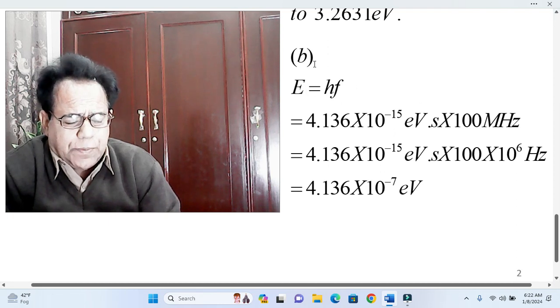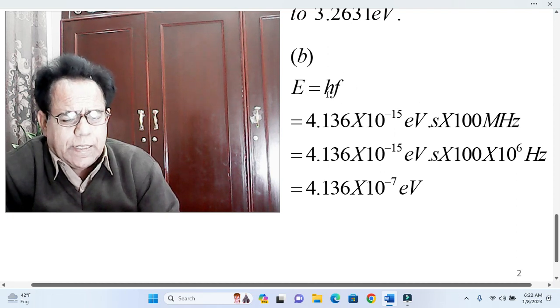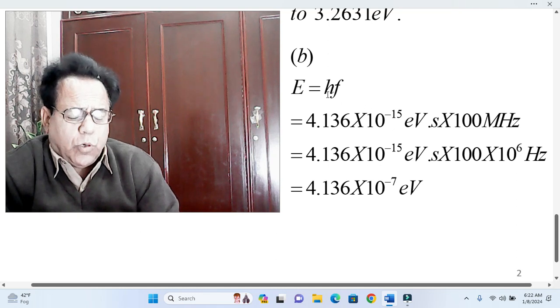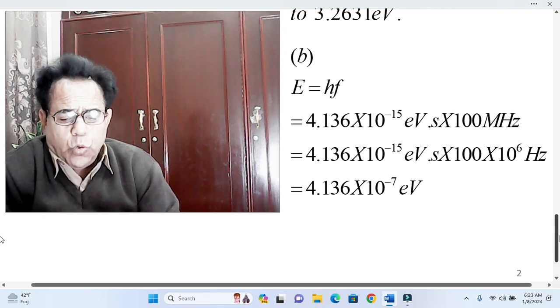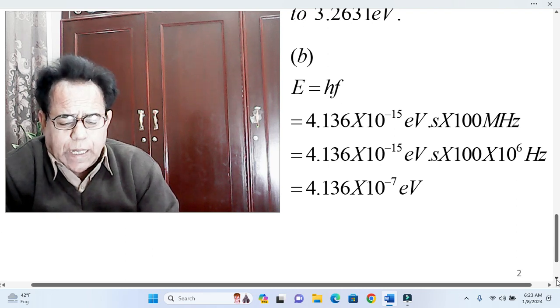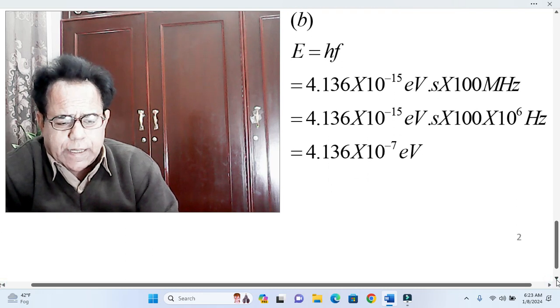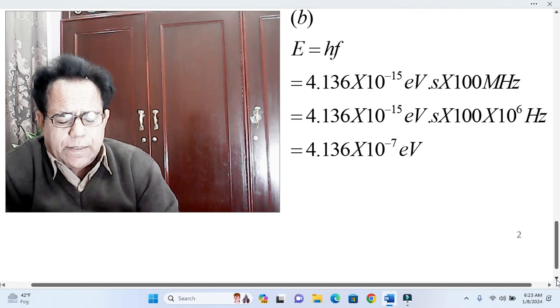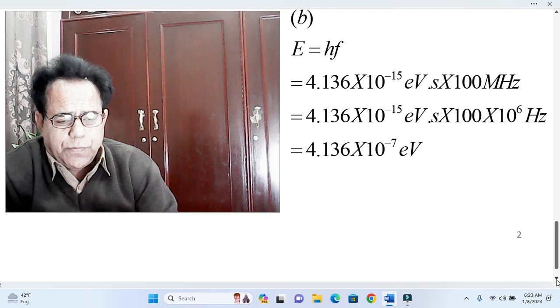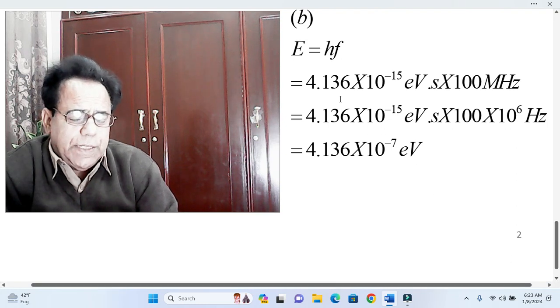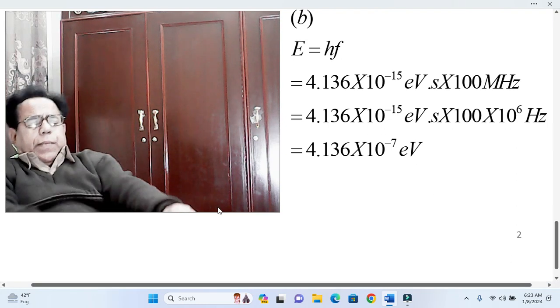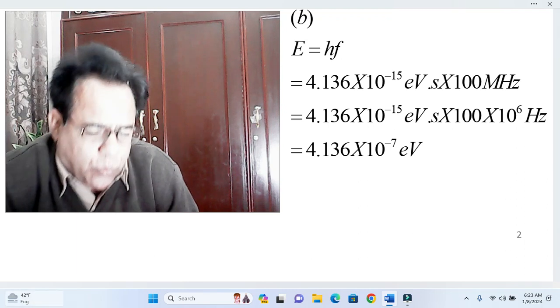This expression was given in the first snapshot which has been included in our problem. So according to that snapshot, which was basically about the momentum of a photon, we have E equal to hf, where h is Planck's constant and f is the frequency.